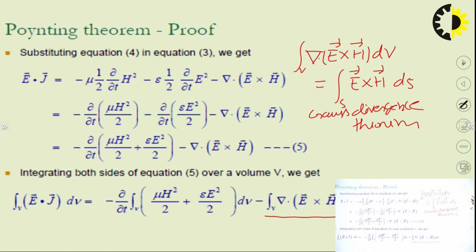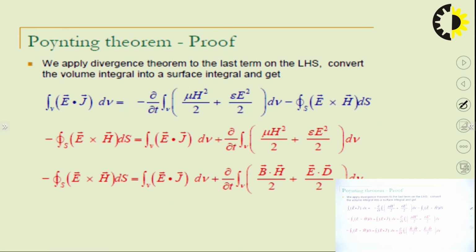So finally, this equation can be written in this form, that is volume integration E dot J dV is equal to minus d over dt volume integration mu H square by 2 plus epsilon E square by 2 dV minus surface integration E cross H dS. And in this way, this completes the mathematical derivation of Poynting theorem.